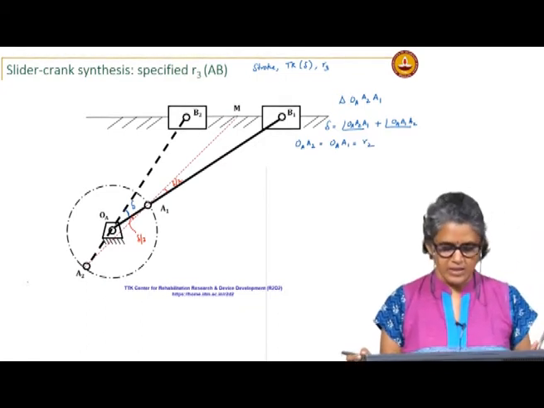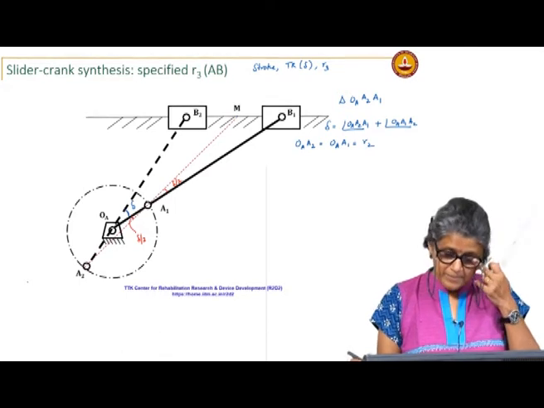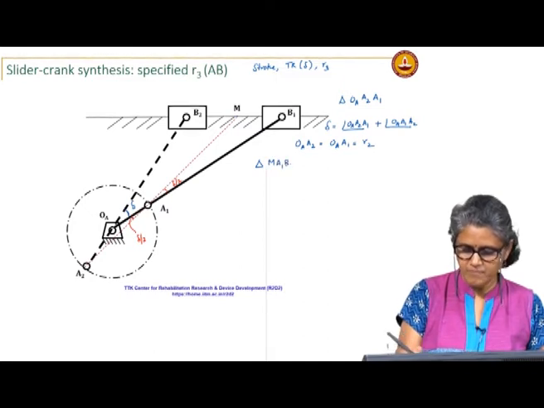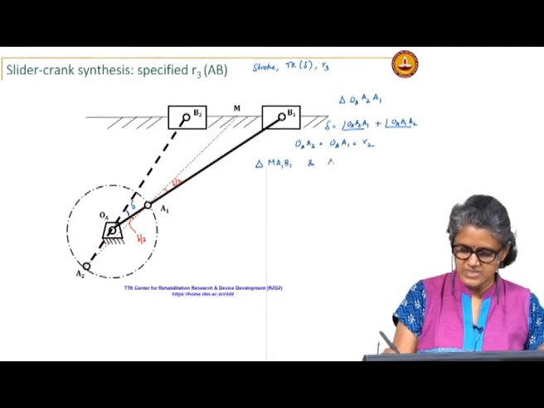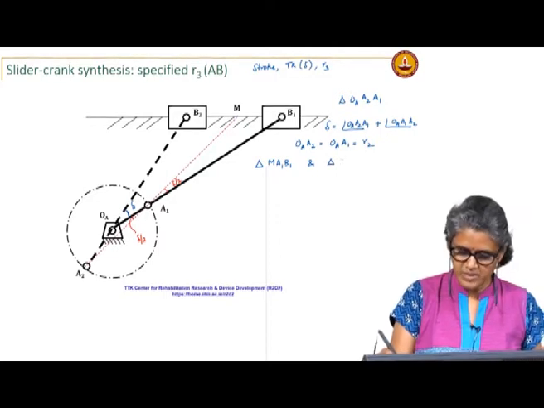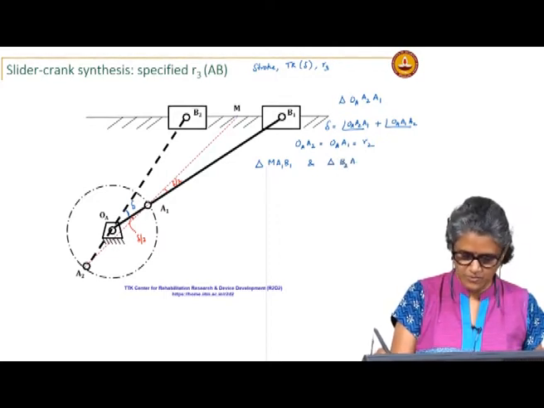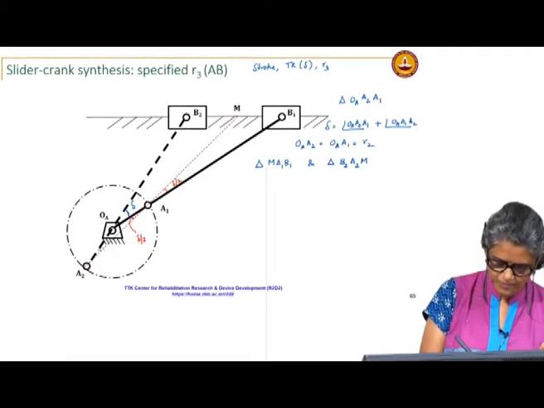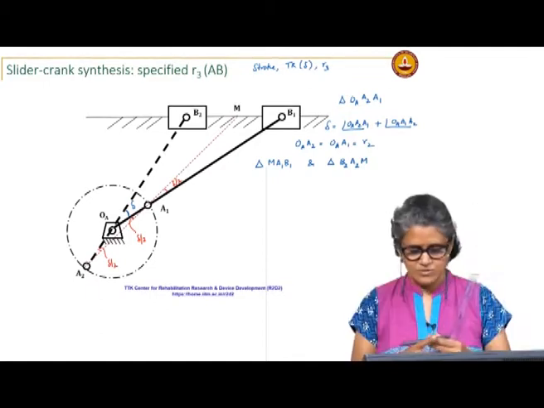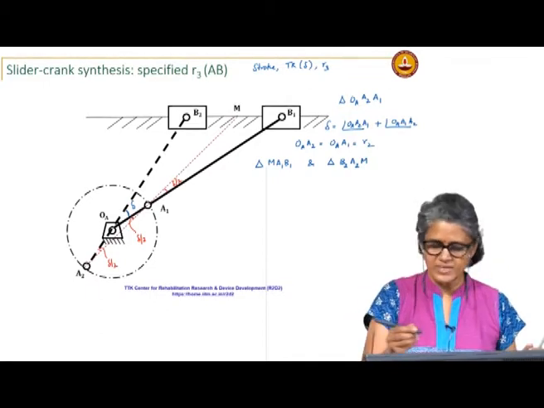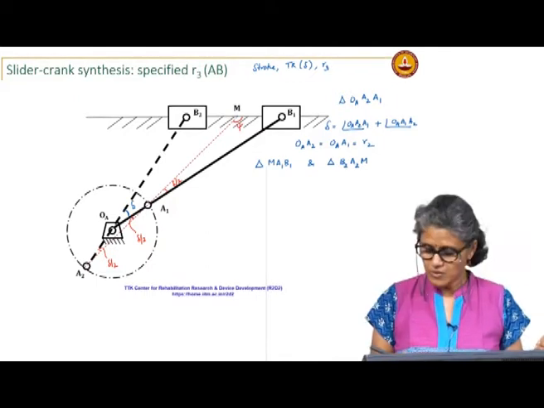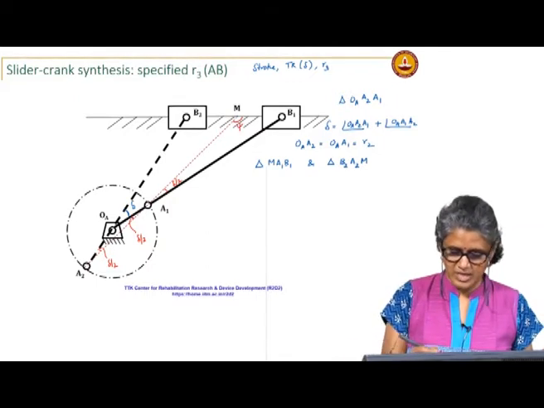Okay. Now, let me look at triangle MA1B1 and triangle B2A2M. This angle is also delta by 2. So, let me call this angle psi.